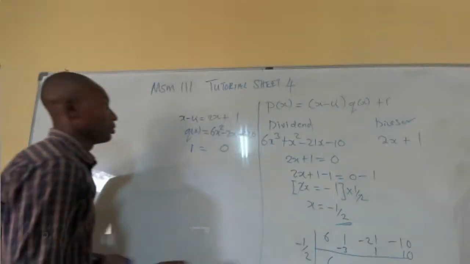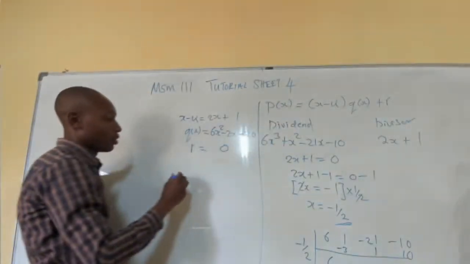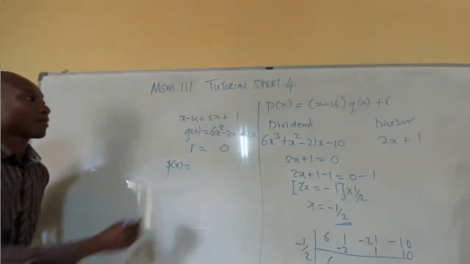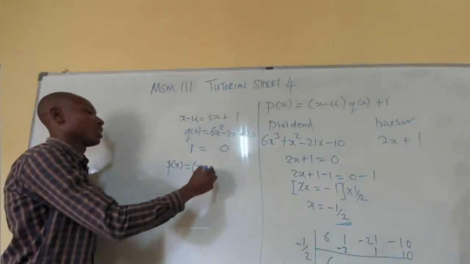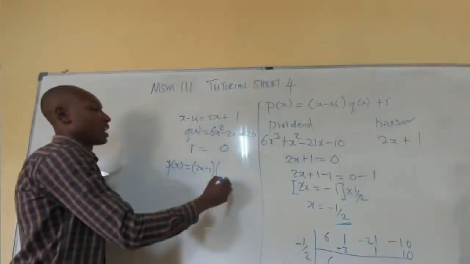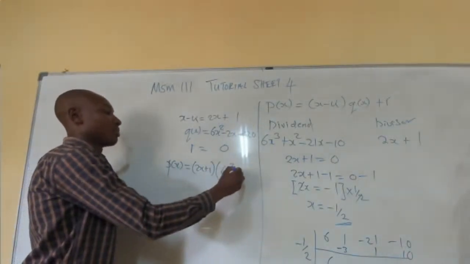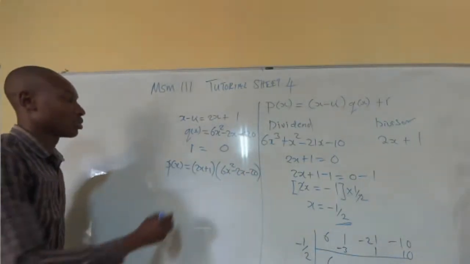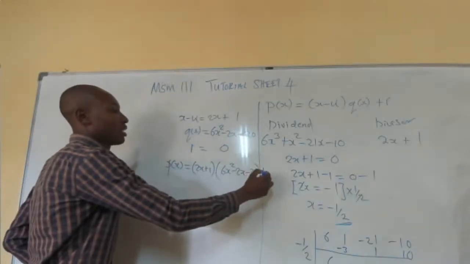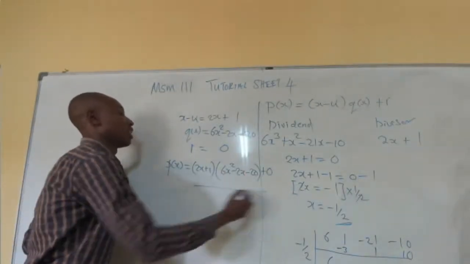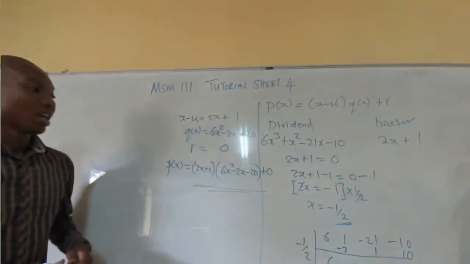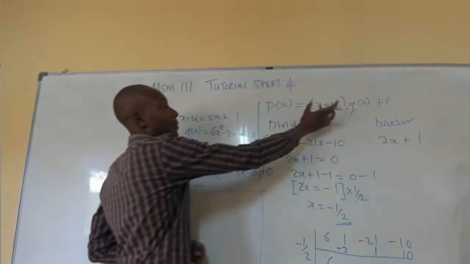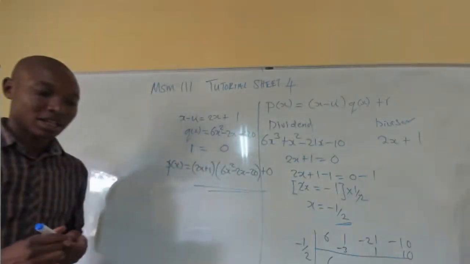Okay, so now writing this in this form, we have px is actually equal to 2x plus 1 multiplied by 6x squared minus 2x minus 20. Okay, so plus the remainder, which is 0, but we don't actually indicate it. But in your case, I'm indicating it. So what does that end up being? So this is what we have. We've written it in the form that we were asked.